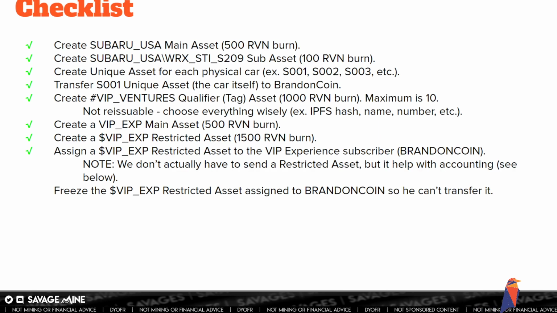Now, here's the checklist of what we've completed so far, and you would have to reference previous live streams in order to see all this actually take place. We've done each one of these in a previous live stream, except for maybe the creation of the Subaru stuff. I want to say I did that prior to the first stream, because I wanted to get it all done in one episode, and it was just not going to happen.